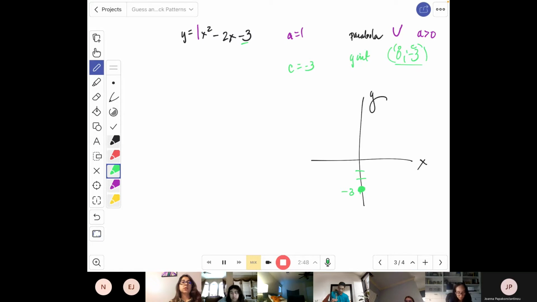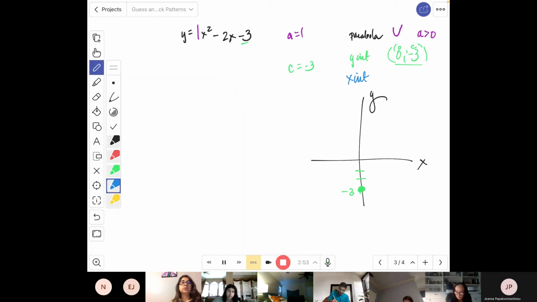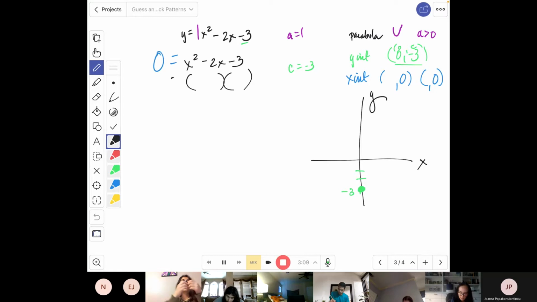Factor. All right, I'm going to factor the right-hand side. So I'm looking for potentially 2 x-intercepts. That's when the y value is 0. So I'm going to set this equal to 0, and I'm going to factor the right-hand side. Abiella, can you give me one of the factors?